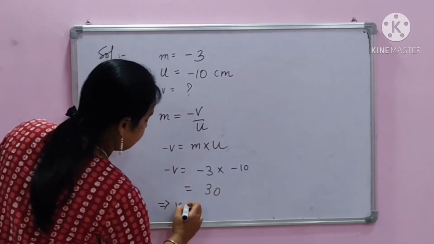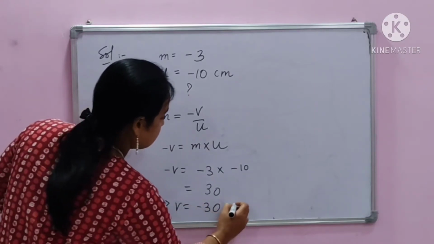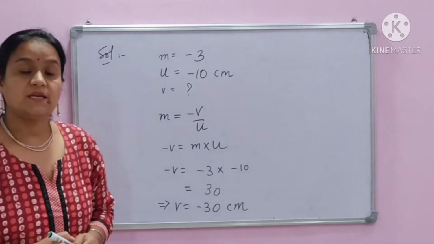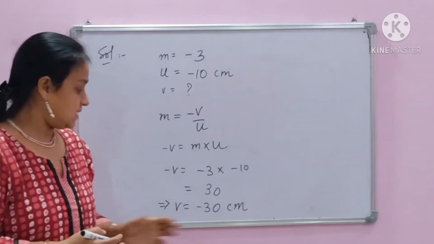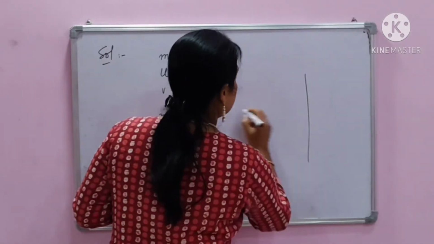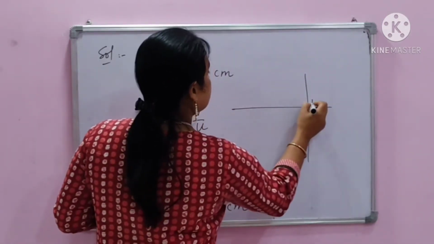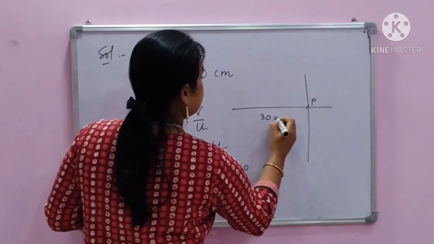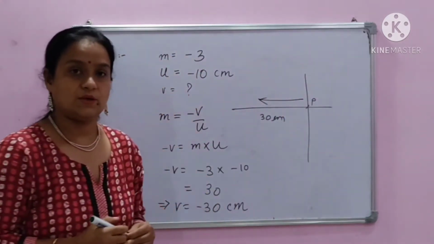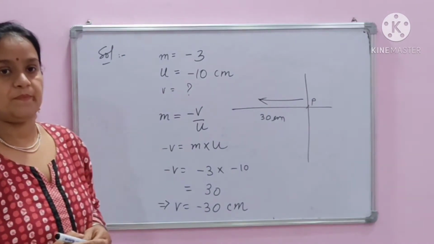This implies v is equal to -30 centimeter. That means the image distance is -30 centimeter, means it is in front of the mirror. If this is the mirror, the image is at 30 centimeter from here, and minus tells us that the image is formed on this side, on the left side.